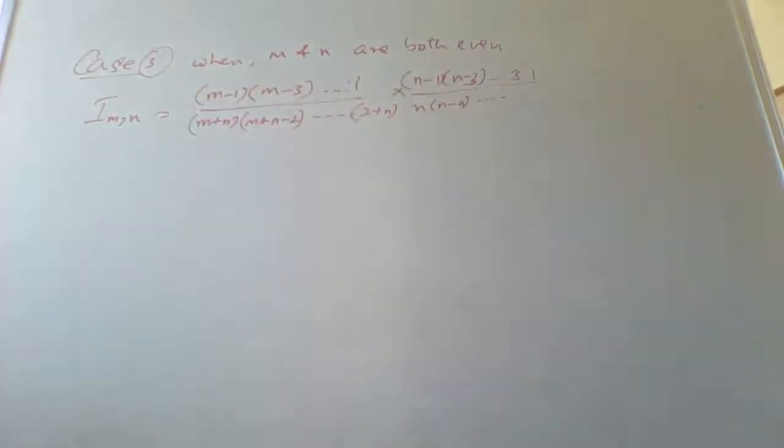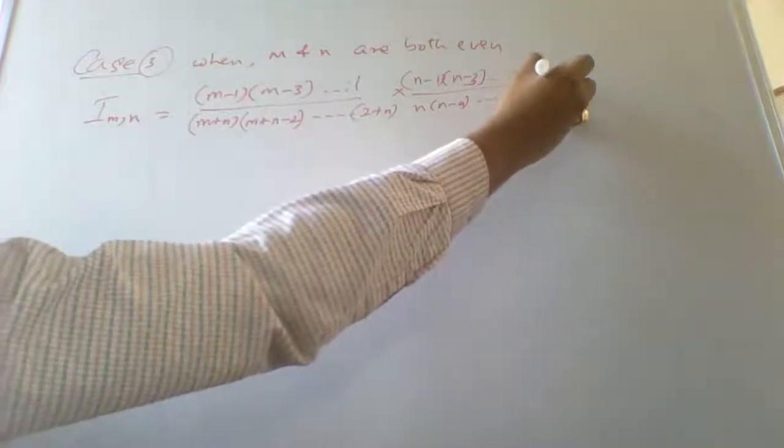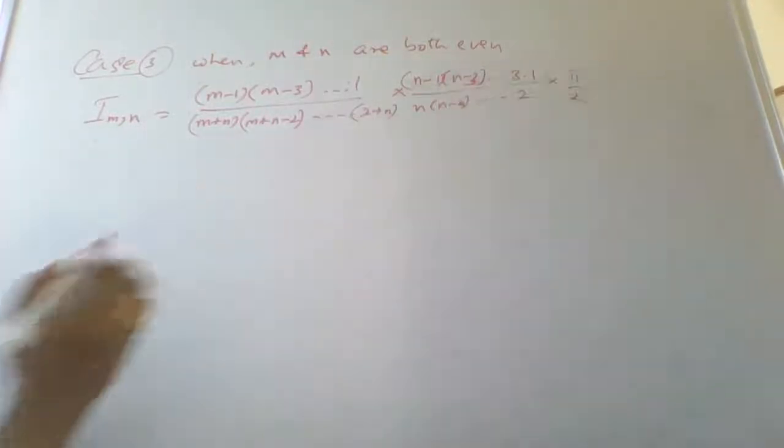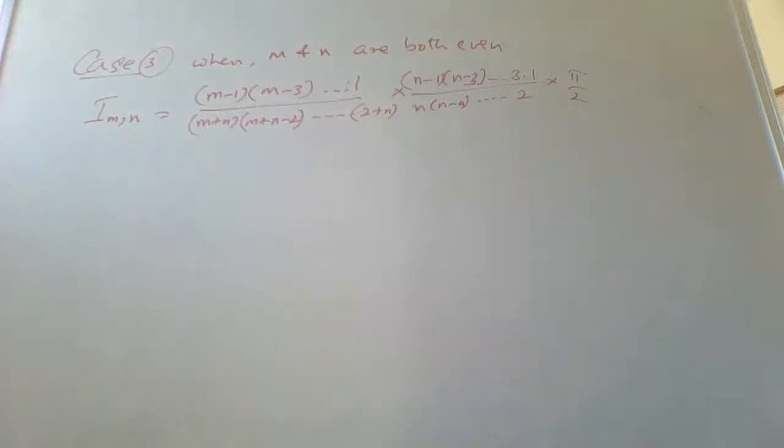The last term would be 2, and this is multiplied by pi by 2. So these three cases apply for sine and cosine.